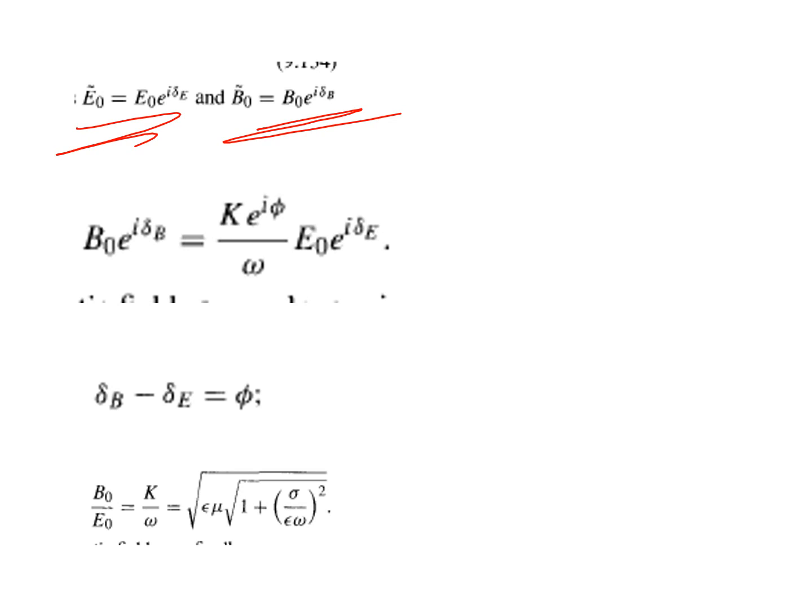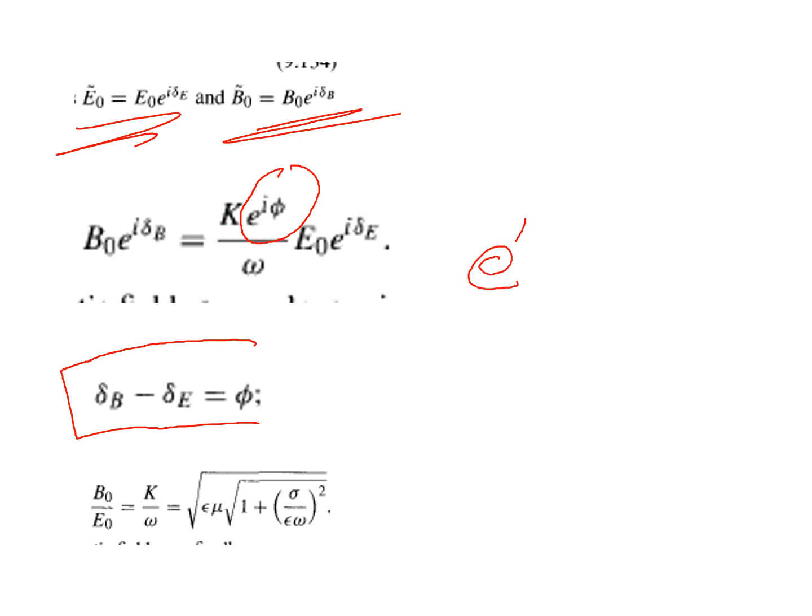Evidently, the electric and magnetic fields are no longer in phase. You can see these expressions, they are no longer in phase. So there is a phase difference between them because there is an additional term e raised to i phi there. So you can see that delta B and delta E are not in phase.